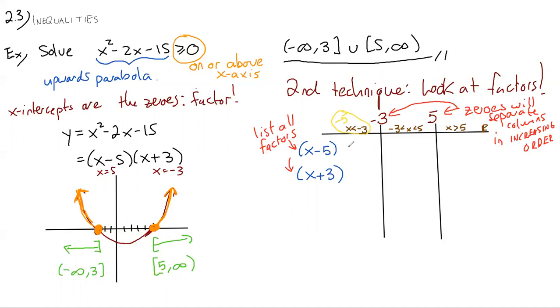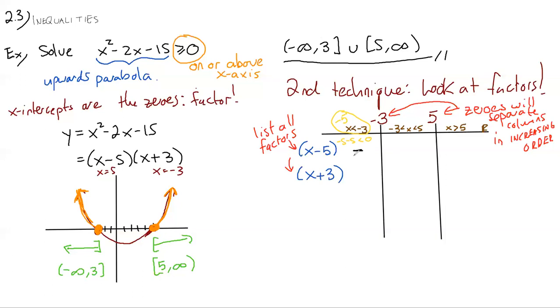If I plug in -5, I would have -5 minus 5, and that is definitely negative. In fact, every number that I plug in from that interval of x being less than -3 is going to be negative.